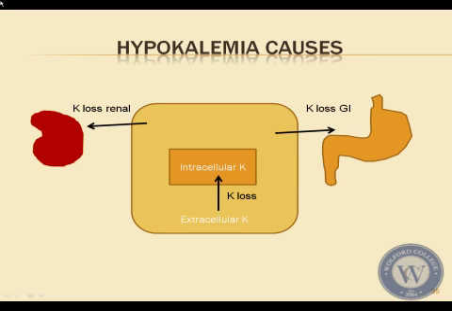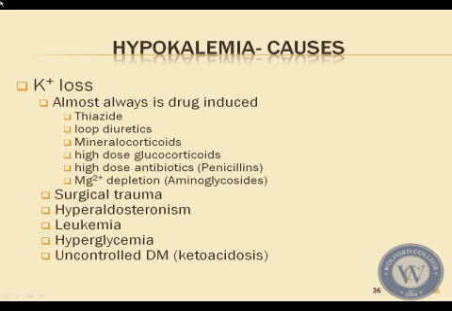Hypokalemia is caused by either excessive renal loss, potassium loss into the GI tract, and also by an inability for the cell's potassium to stay inside the intravascular space, as it's pulled back into the cell. So there are different causes of hypokalemia. If you look at potassium loss, almost always it's drug-induced from drugs like thiazides, loop diuretics, and mineralocorticoids.